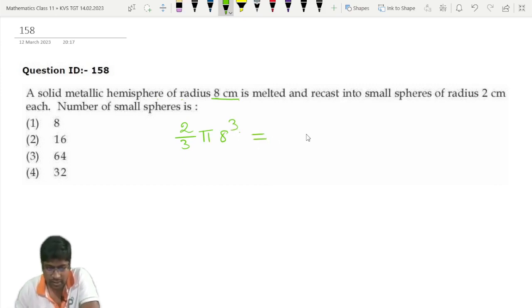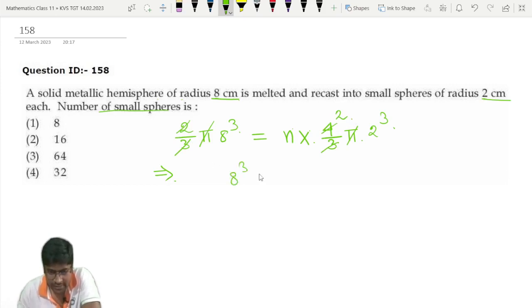Now that is equal to, suppose n number of small spheres are formed. So what will be the total volume of n spheres? n into 4/3 pi into r cube, the radius of each sphere is 2 centimeter, so 2 cube. So that is the relation. From here we have to find n. So pi will be cancelled, these three will be cancelled, these two will be cancelled, so 2 will be here.